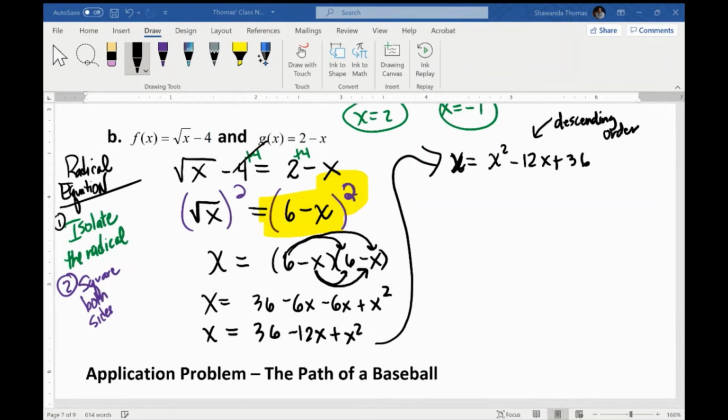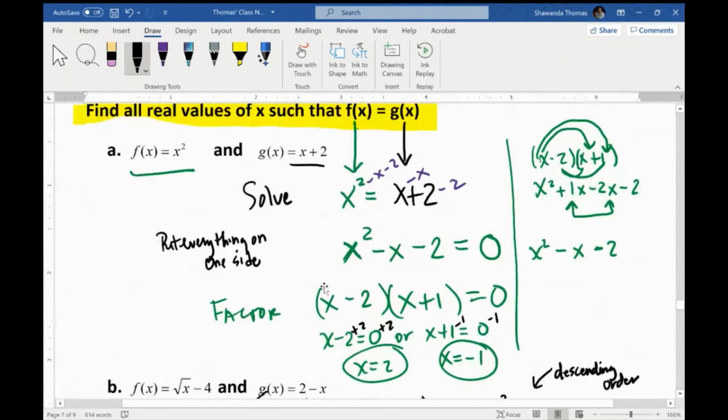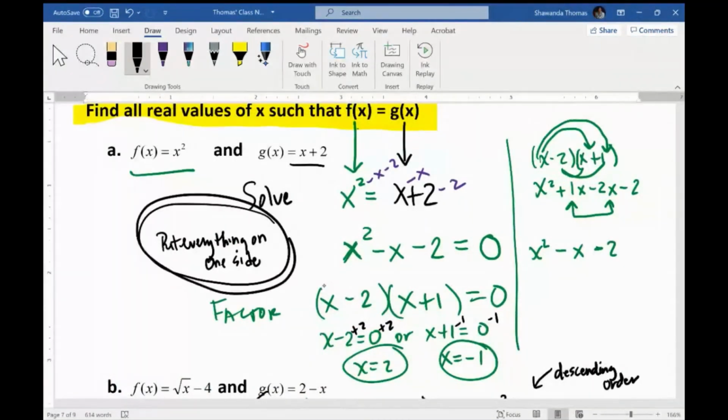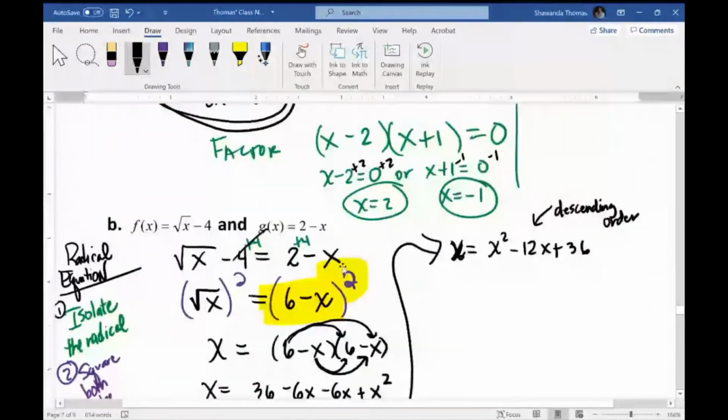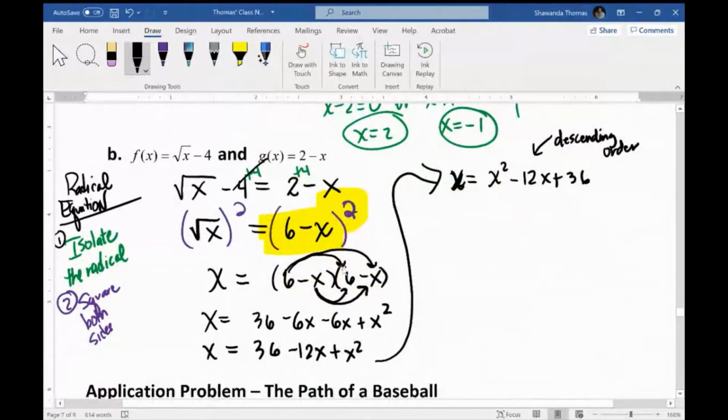You'll have to move the x over to the right and set it equal to 0. Remember, we had this trinomial, and what do we do? Put everything on one side. Anytime you see a trinomial equation or a quadratic equation, you have to put everything on one side first.